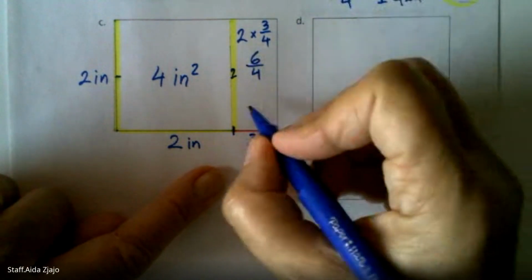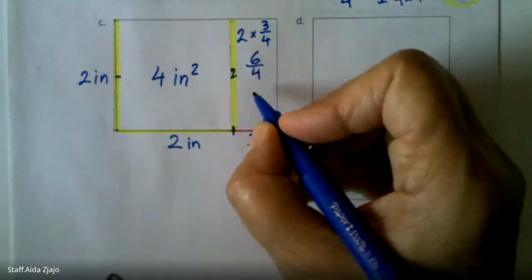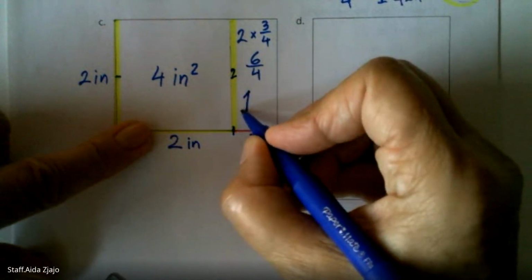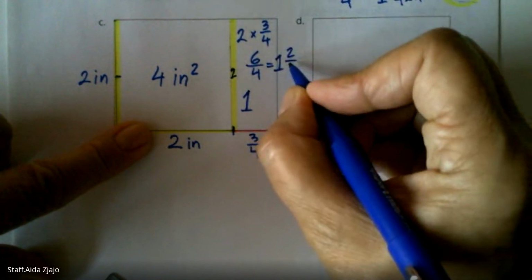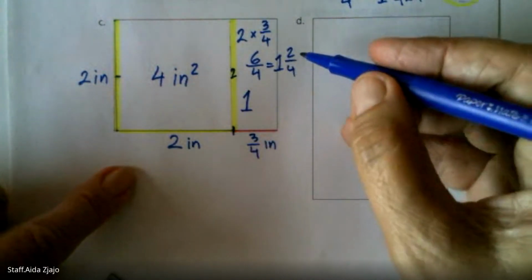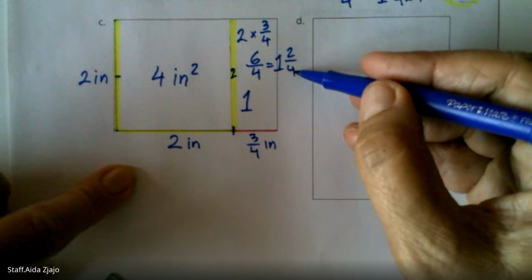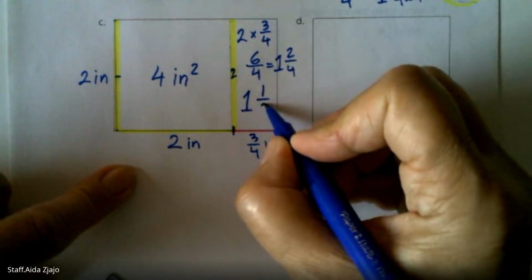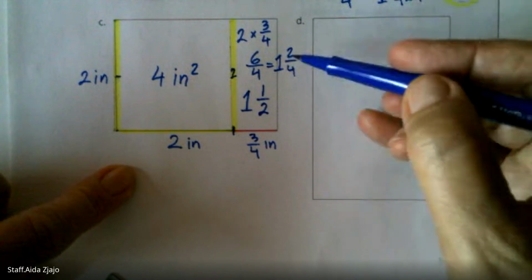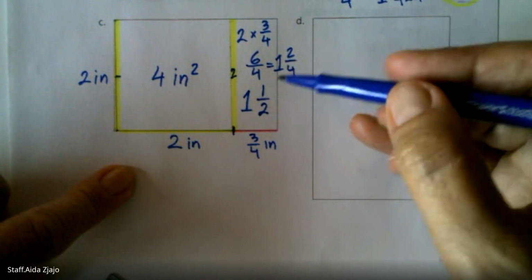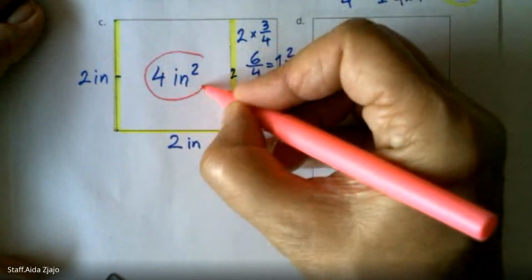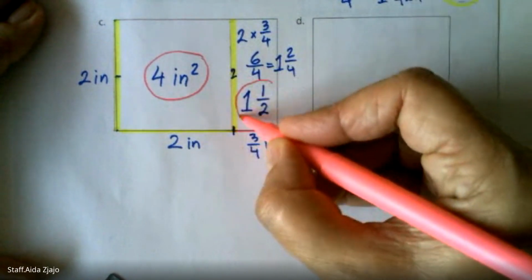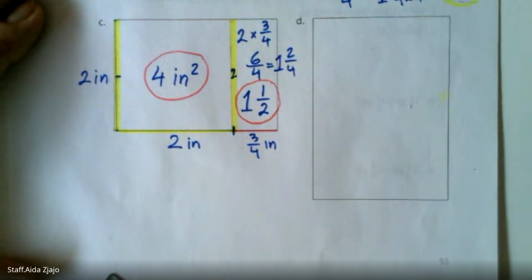And 6/4 is 1 whole and 2/4. But 2 is half of 4, so 2/4 is the same as 1/2. So finally, you have 4 and 1.5 to add together.